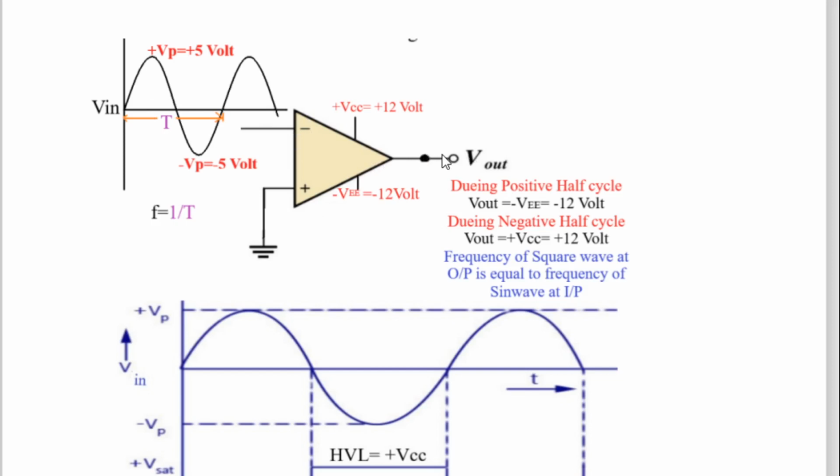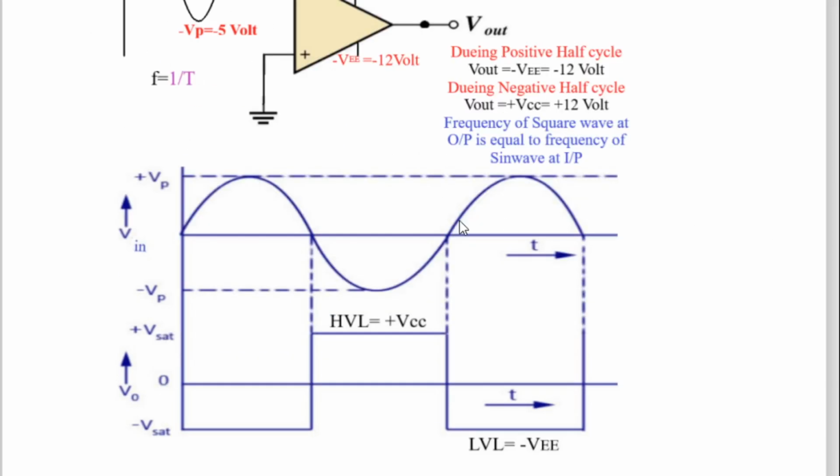Therefore, the output will remain at low voltage level. So during the positive half cycle, Vout is equal to minus VEE, equal to minus 12 volt. And in the diagram also it is shown. See here, during the positive half cycle, this is input and this is output. So this is your minus Vsat. So the output remains at minus Vsat, minus VEE, that is LVL.